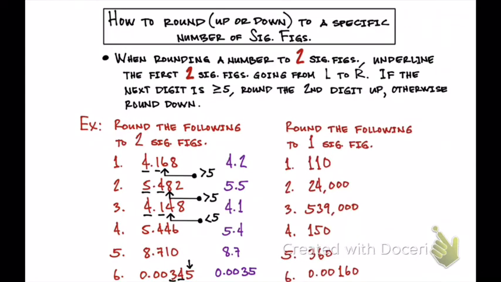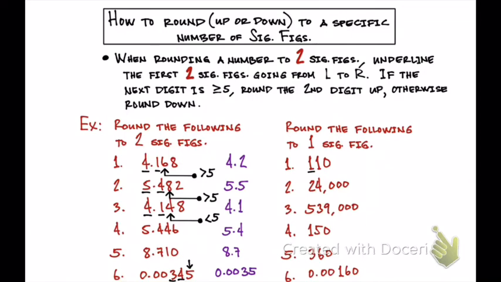And here's a few more examples. Round the following to one significant figure. First number here is 110, right? So because we're rounding this to only one significant figure, you would underline the first sig fig that you see from left to right. And so 1, the first one is the significant digit, and then you're going to look at the second digit and see if that's greater than 5 or equivalent to 5, which is less than 5.